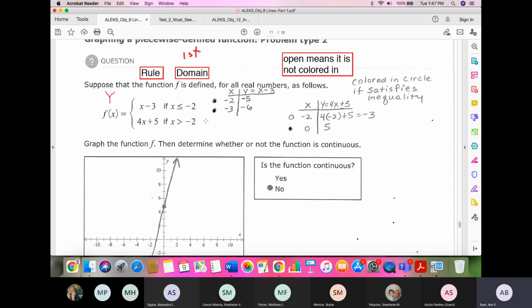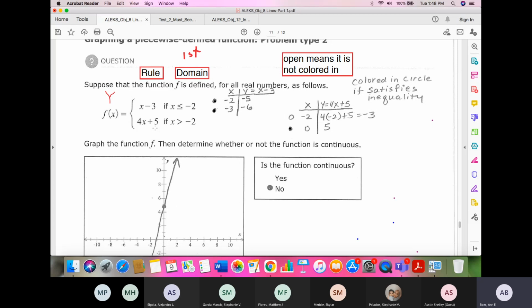So the first thing I would do: this is in y equals mx plus b form, because your slope is understood to be 1 here. This is in y equals mx plus b form as well. So we're really talking about graphing pieces of lines.